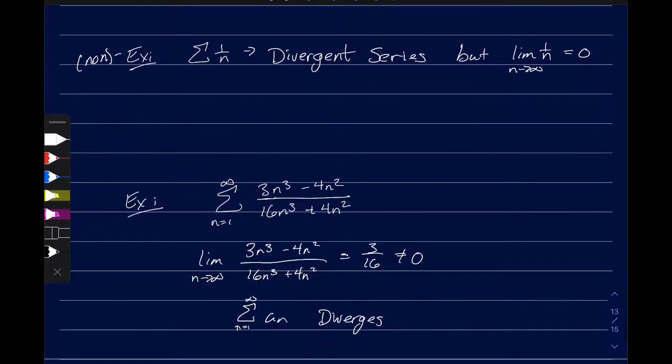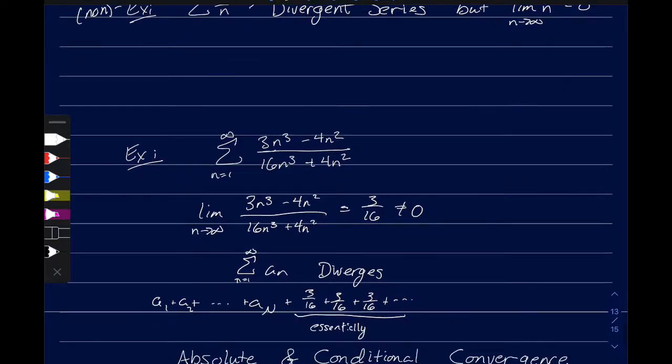That's the principle behind this: if we look at our sequence of partial sums, as we go towards infinity, we're going to have a1 plus a2 all the way up to some big N, and then we're essentially adding 3/16 plus 3/16 plus 3/16 all the way on forever.